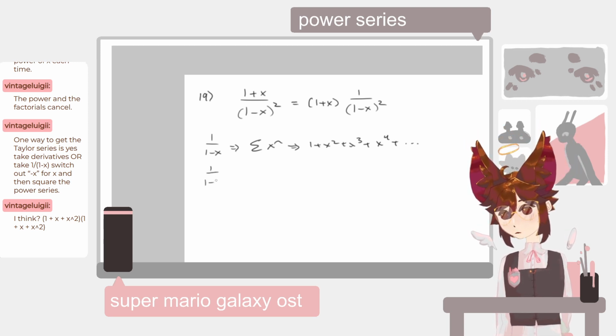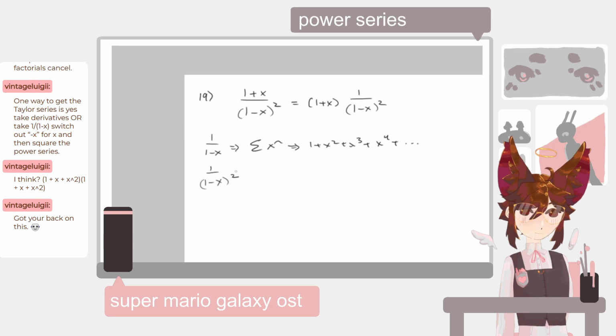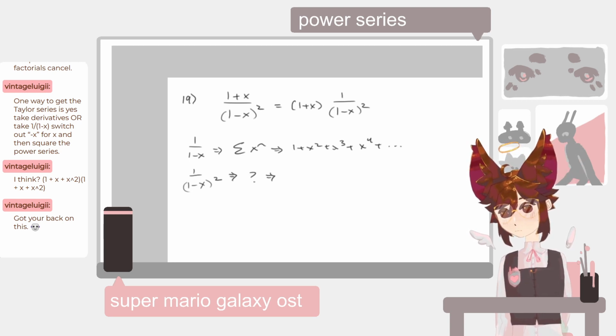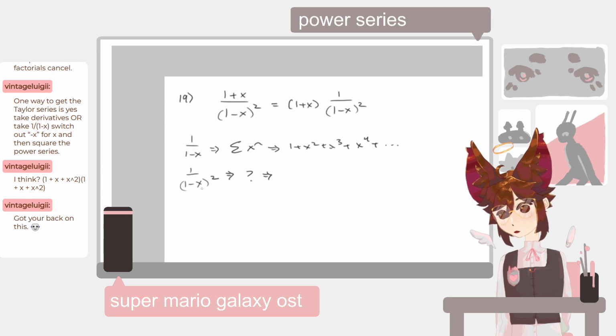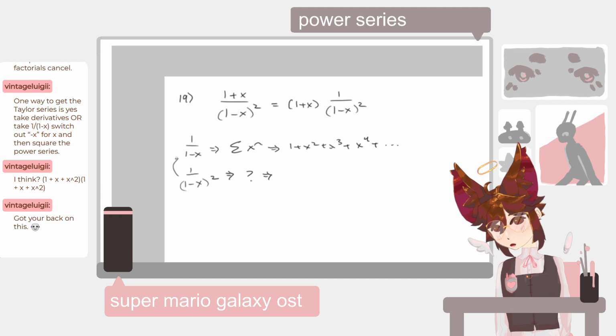Now if we have 1 minus x squared, we don't know what this is. But we know that if you take the derivative of this, or if you integrate this, it is this.